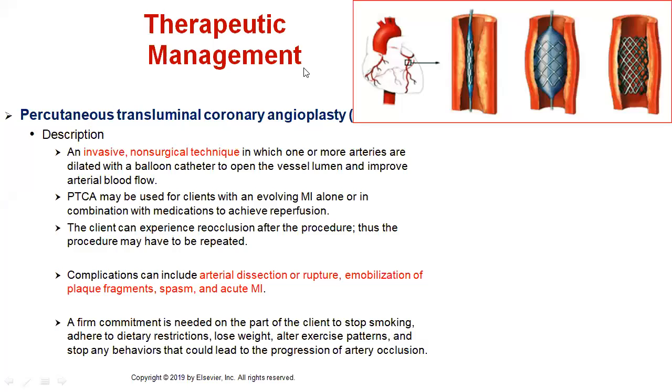Therapeutic, diagnostic, and management procedures. One of the most popular procedures is coronary angioplasty, right? Coronary angioplasty is an invasive, non-surgical technique. Basically, there is the coronary angiogram, which some books call cardiac cath.